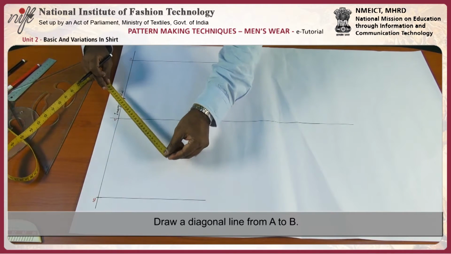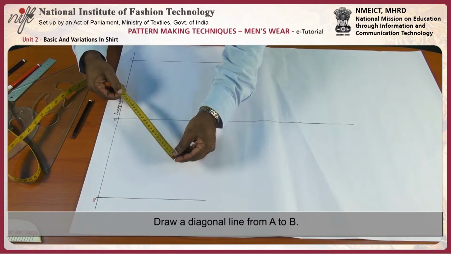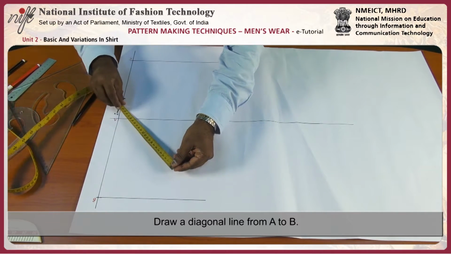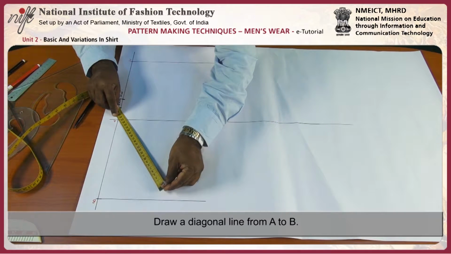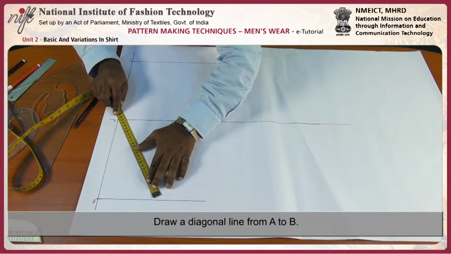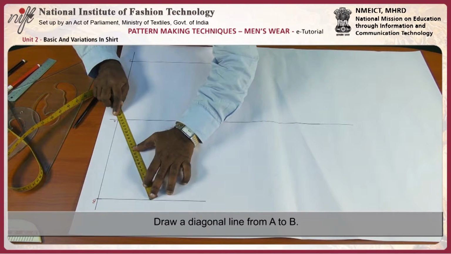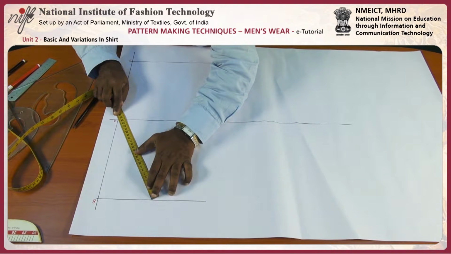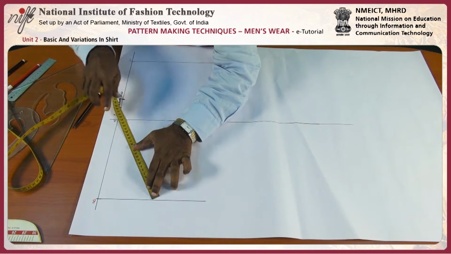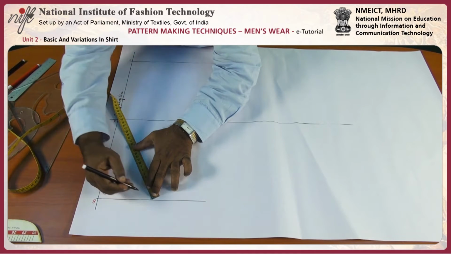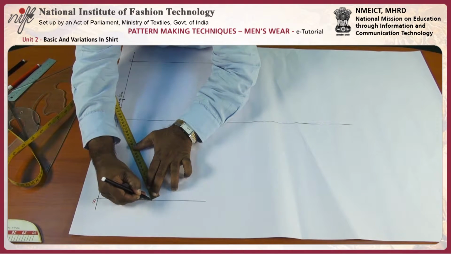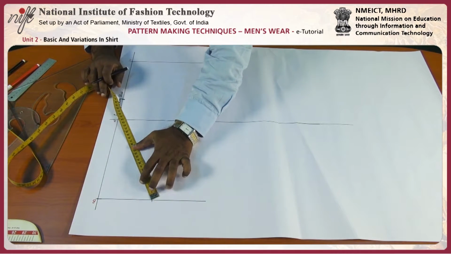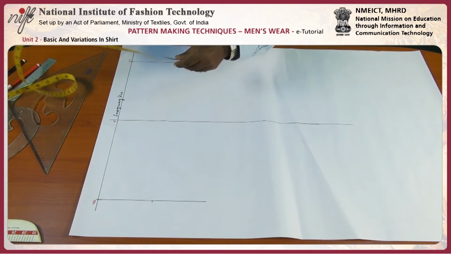You need to take the half armhole measurement, which is 24.5, place it on point A, move the measuring tape and mark the intersect point on the line B. See, it is intersecting here. Repeat this for the other side too.